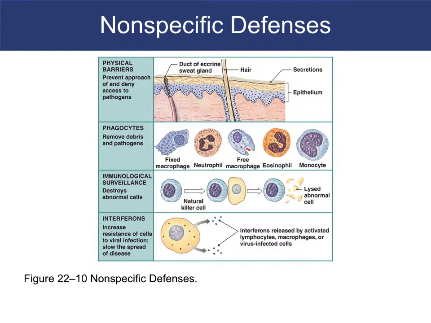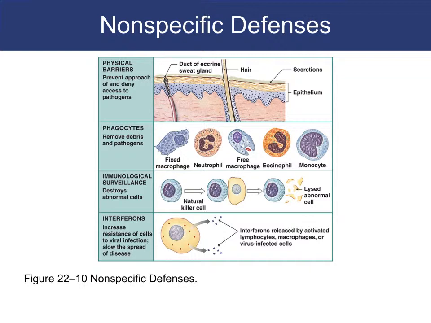It also is useful in fighting infections, because if a cell has got a virus in it and the cell is no longer normal, then the natural killer cells can identify that cell as abnormal and go in and kill that specific cell. So that's kind of a cool thing that natural killer cells can do.